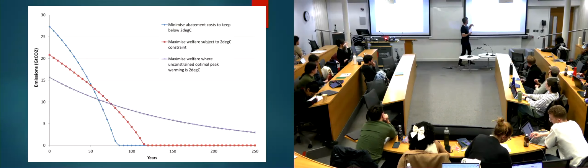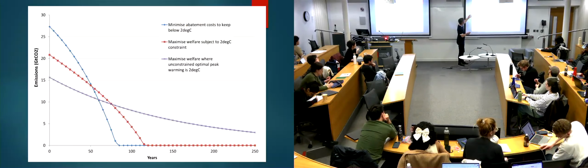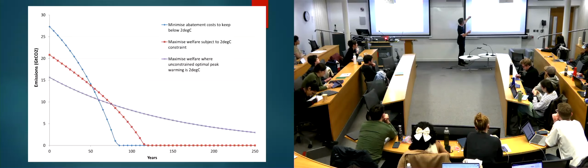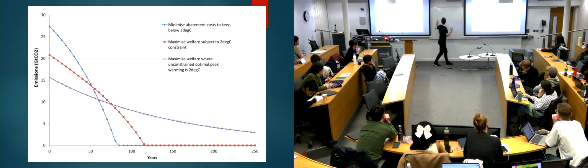So this is then the result. If you say minimize abatement cost to stay below 2 degrees Celsius, you do this. So you emit more and then you go down fast. That is this green line, cost effectiveness.